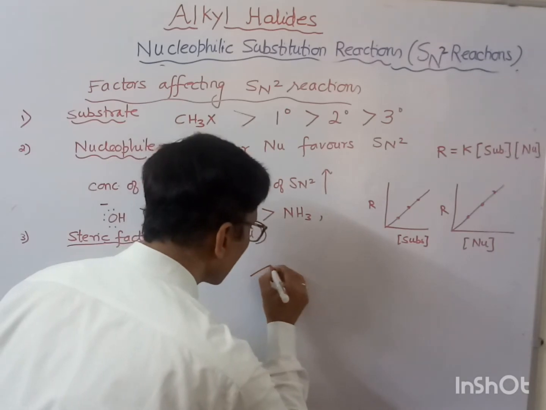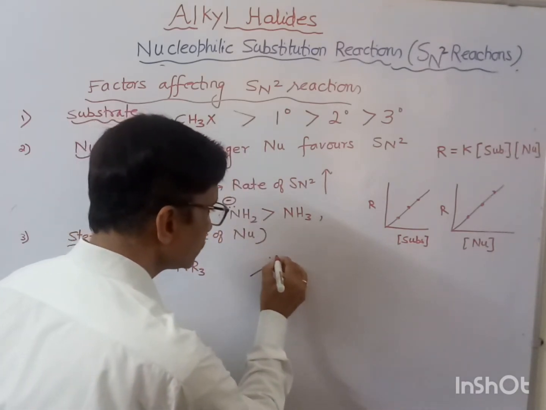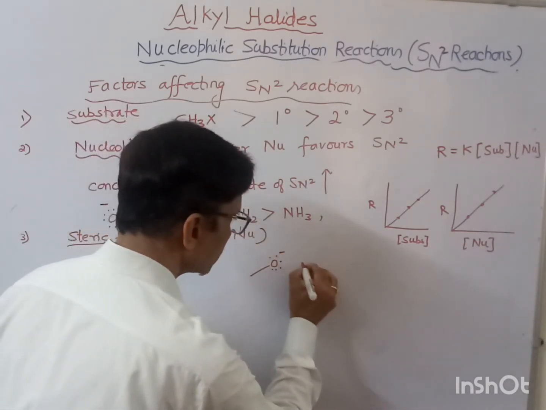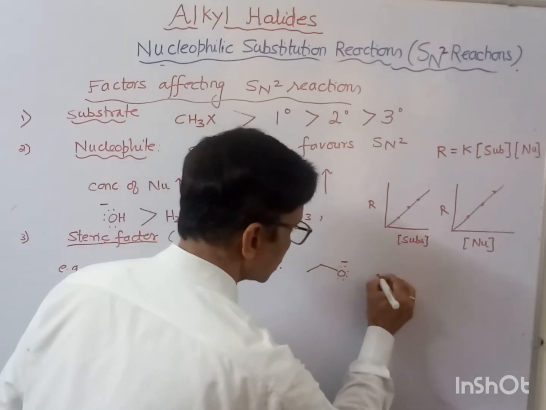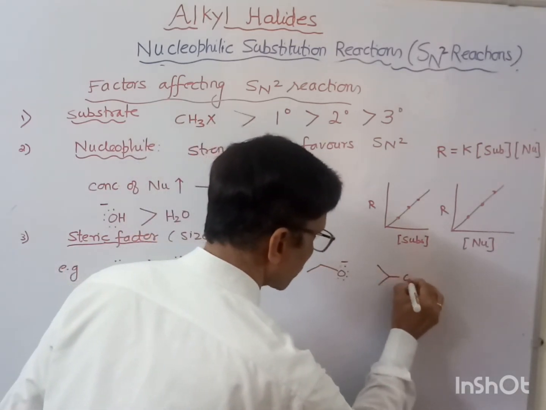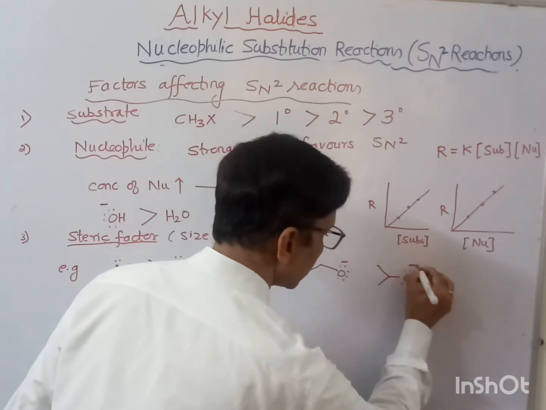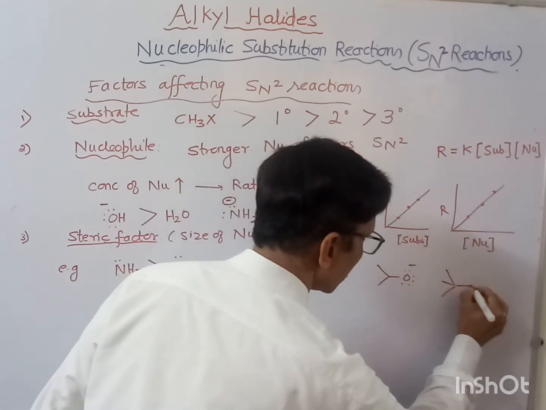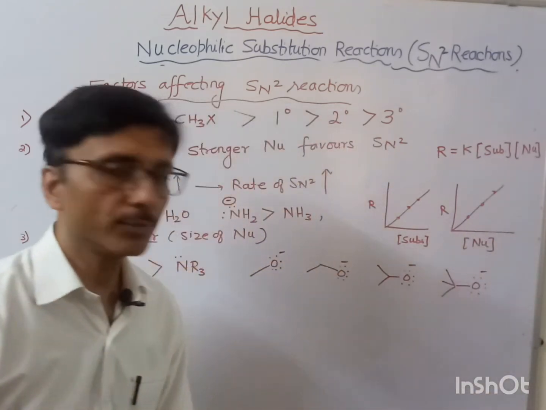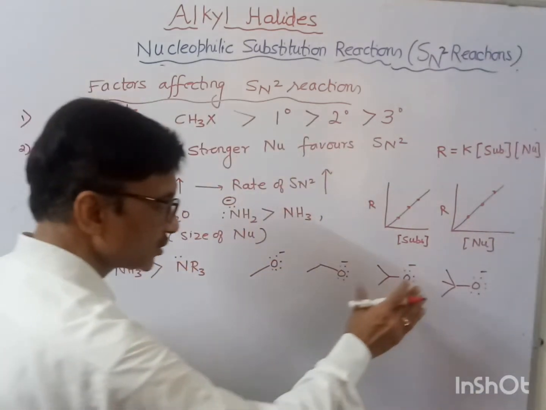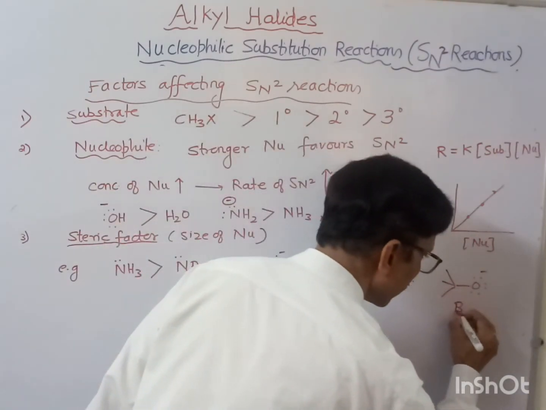Similarly, if we have alkoxide ions, this is methoxide ion, this is ethoxide ion, this is isopropoxide ion, and this is tertiary butoxide ion. This tertiary butoxide ion is the bulkier one.